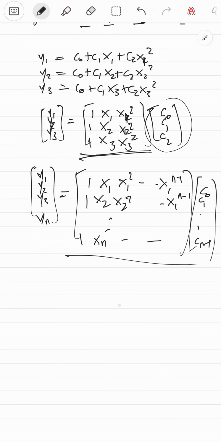So if this determinant is non-zero, you can find a unique degree n minus 1 polynomial, and there you go. Nice.